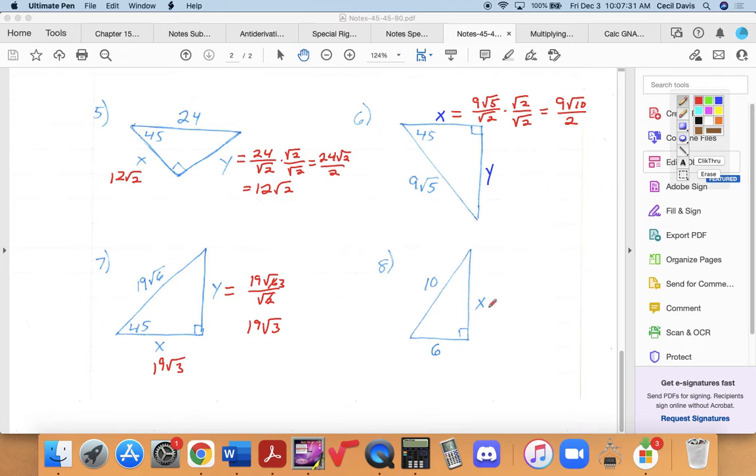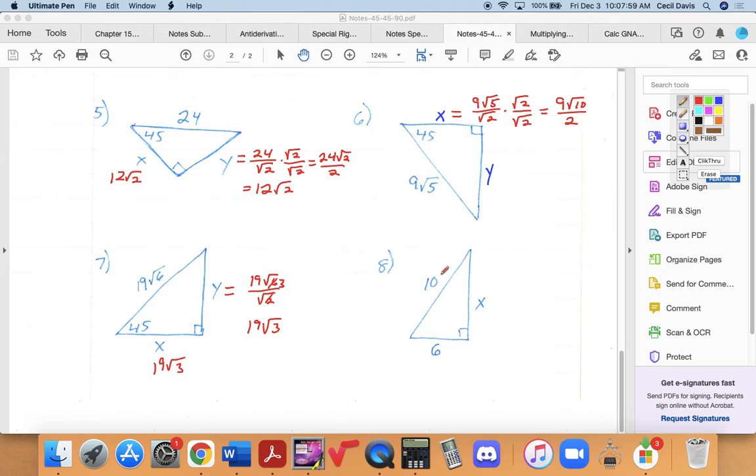Now, what about this one? We don't know it's 45, 45, 90, do we? In fact, I know it's not 45, 45, 90. Because if it was 45, 45, 90 and this leg was 6, how long would the hypotenuse be? 6 square roots of 2.